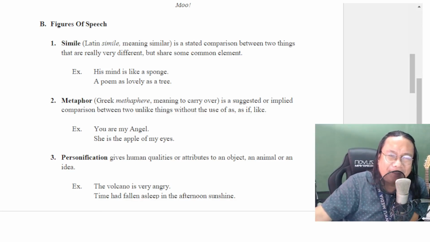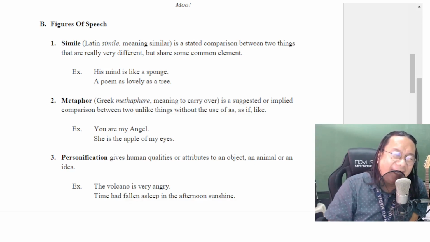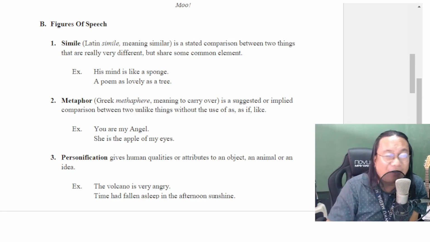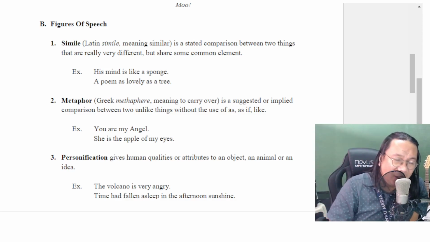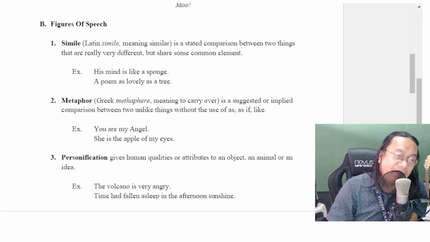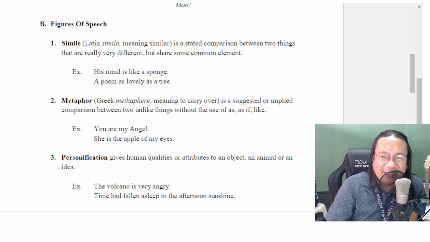So you have to put in mind that these are tools that you can use to make the world a more beautiful place with your literature and with your poems and with your works of art. And that's a general overview of poetry. As we move along, we'll be having more exercises on how to make poems. And I'm looking forward to your techniques and to your works.